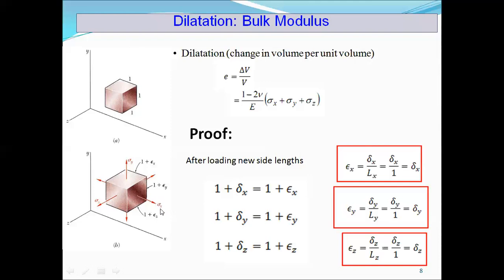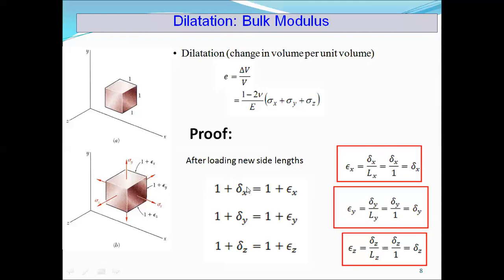Because of this tensile stress, what would happen along the x direction? The material would elongate. Let's say the change in length, or elongation, is delta x. So the new side length along the x-axis would be 1 plus delta x.